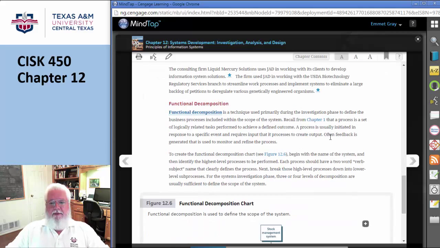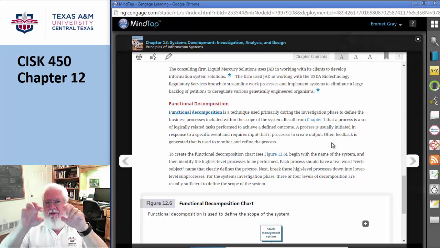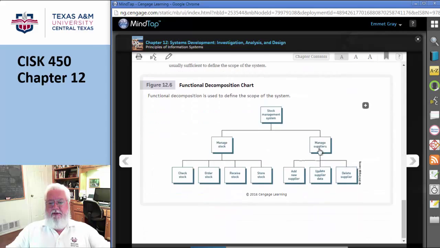Okay, cool. They also talk about functional decomposition. You say, for example, I need a stock management system. Everybody goes, yeah, that sounds good, but they don't really have a clue what that means. You need to break it down and break it down and break it down so everyone understands the scope of the project. Functional decomposition shows you, here's what I meant when I said we need a stock management system. It's got to be able to do this.